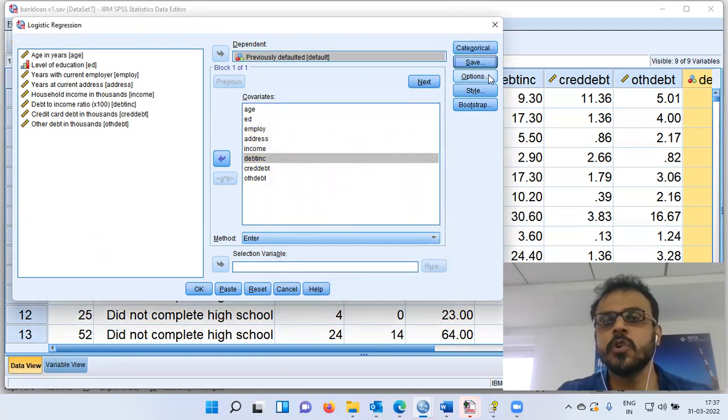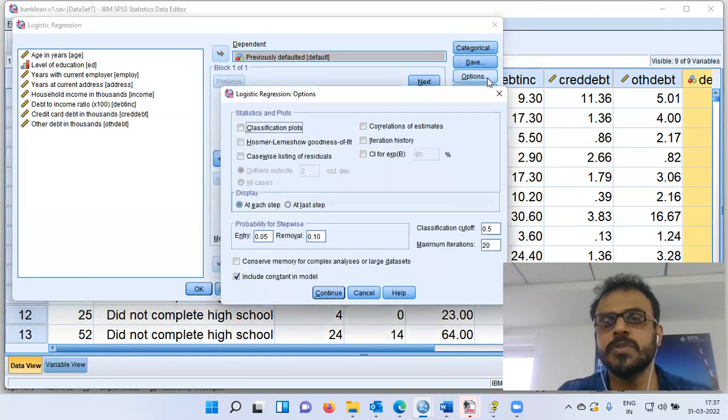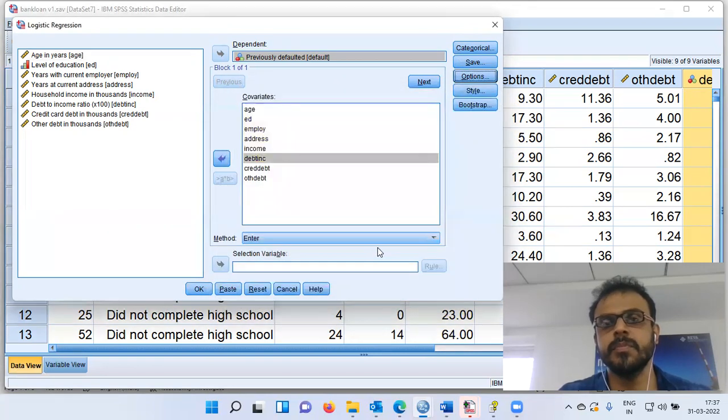I've got the next option, which is called the Options tab. Let me click on the Options tab. Here you can see a new dialog box pops up. I will choose something very interesting here, which is called Hosmer Lemeshow Goodness of Fit. I repeat, this is called the Hosmer Lemeshow Goodness of Fit measure. So let me choose this and say continue.